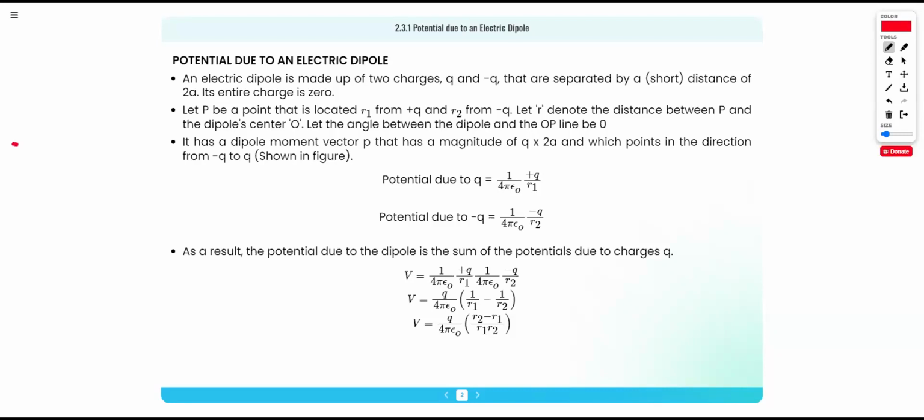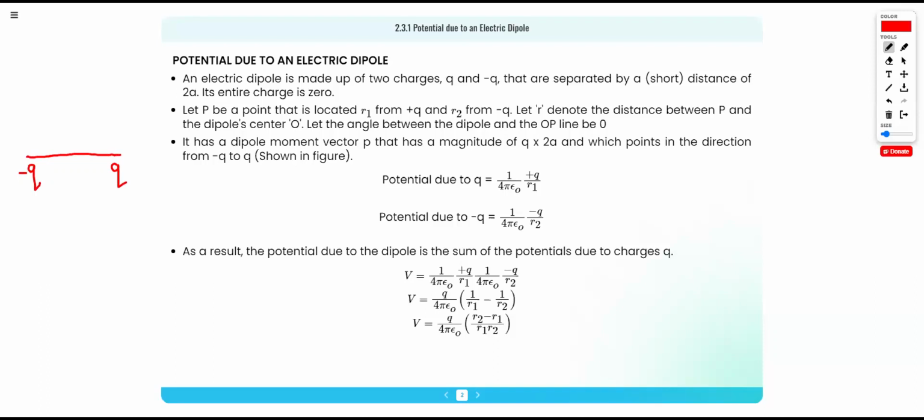This is our negative charge, this is our positive charge, and there is a line joining the negative charge and positive charge.